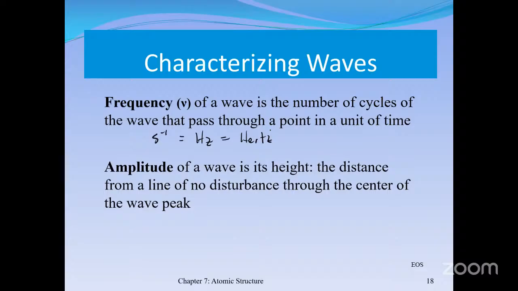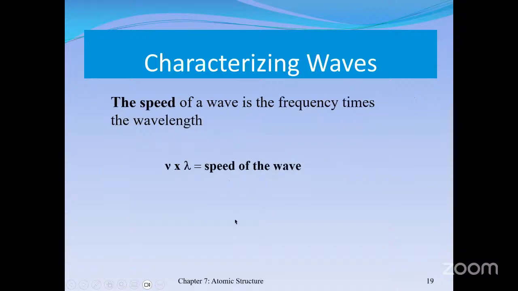The amplitude of the wave is basically the distance from a line of no disturbance through the center of the wave peak. And that's pretty much all that I'm going to say about that. The amplitude is actually related to the intensity of the radiation. So the greater the amplitude, the greater will be the intensity. But that's all, as far as I am concerned, that you're going to need to know concerning the amplitude.